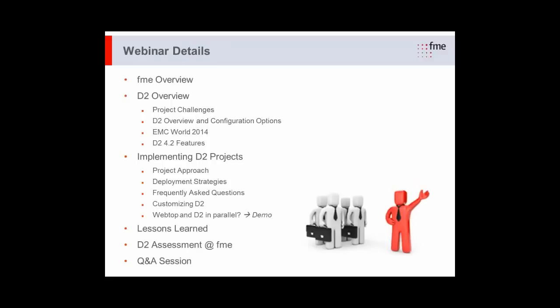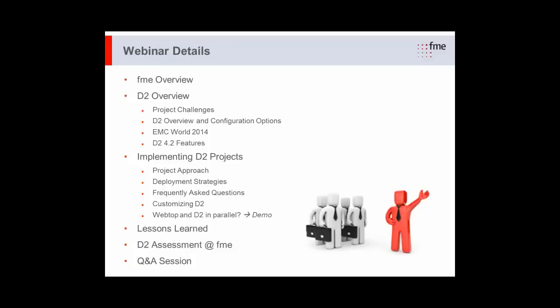So what are we covering today? A very short overview of FME. Then we'll talk about D2: a D2 overview, product challenges, the overview and configuration options. We're going to bring EMC World to you, with some updates that we learned about while in Las Vegas a couple weeks ago.